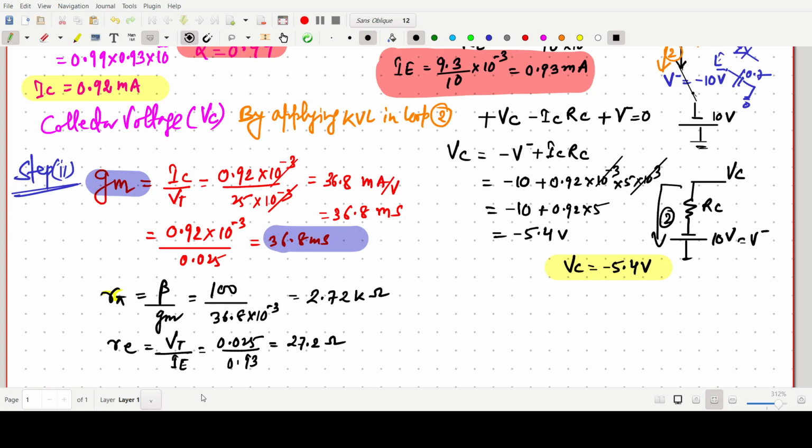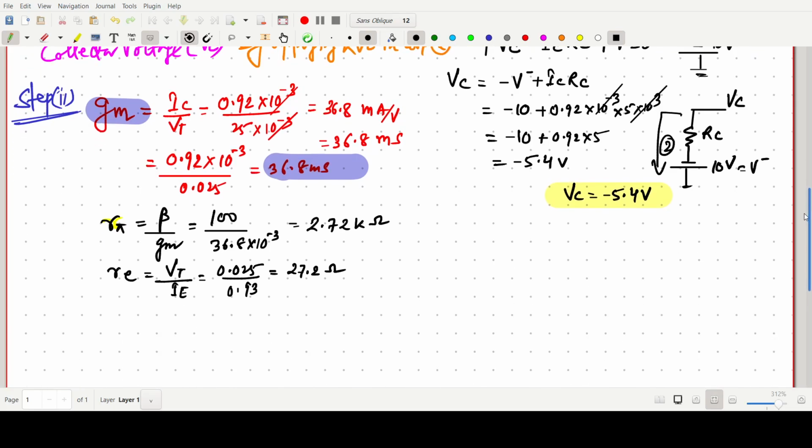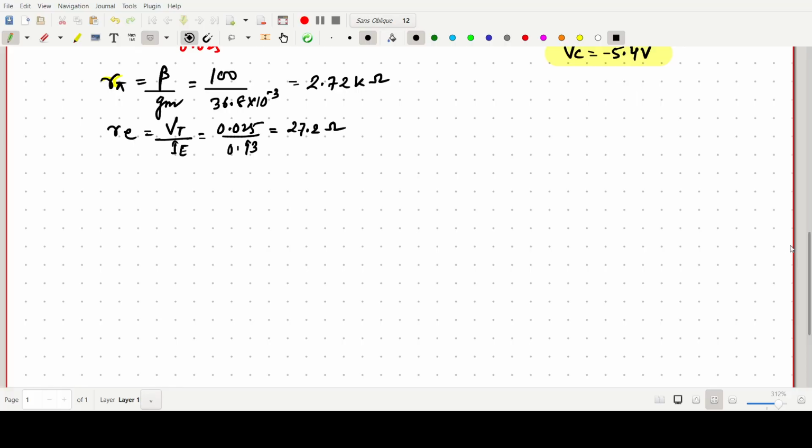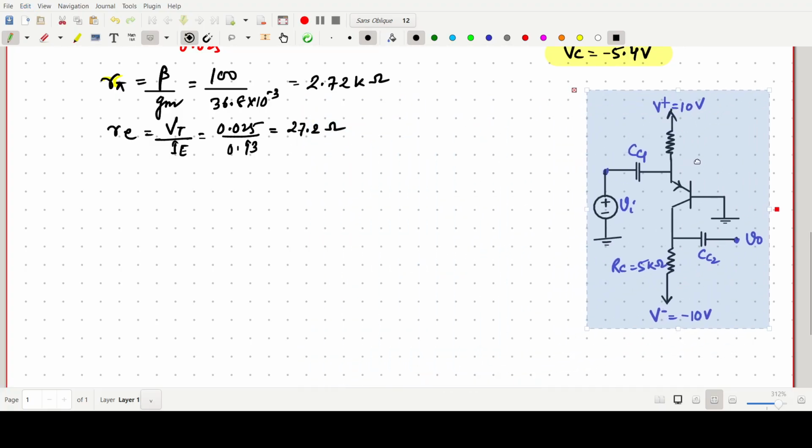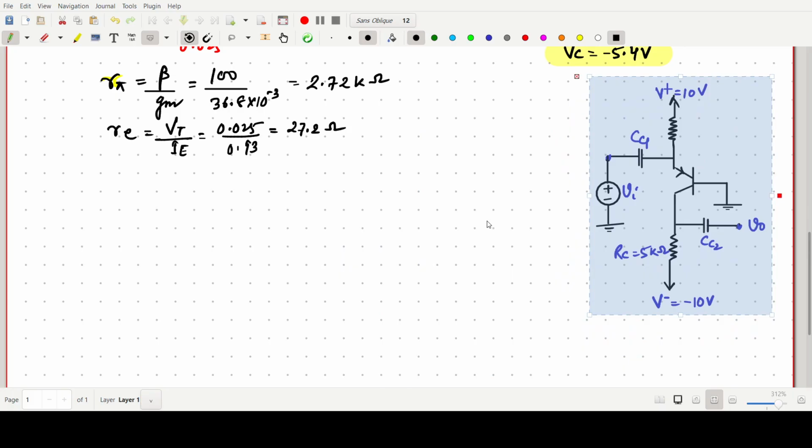Now we have to go for the equivalent AC model. So now we will go for the AC analysis.